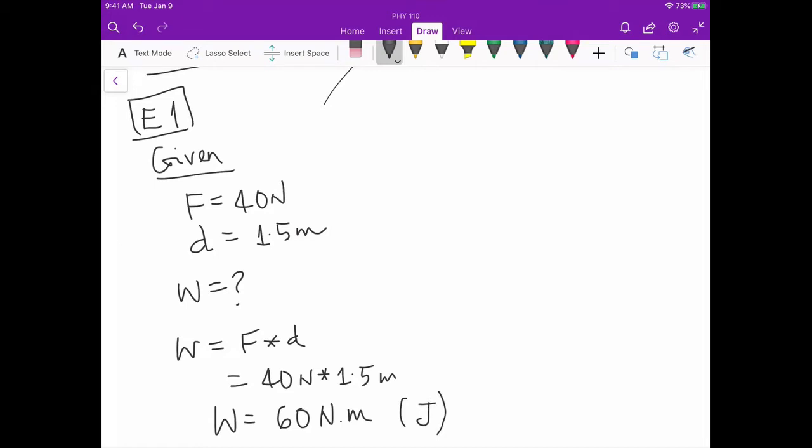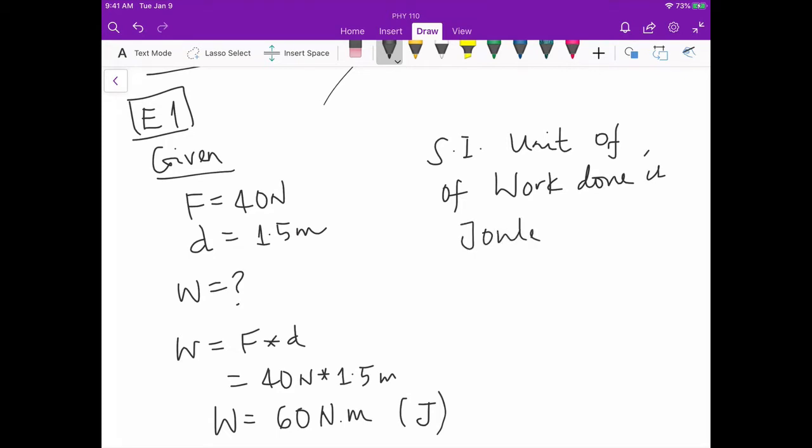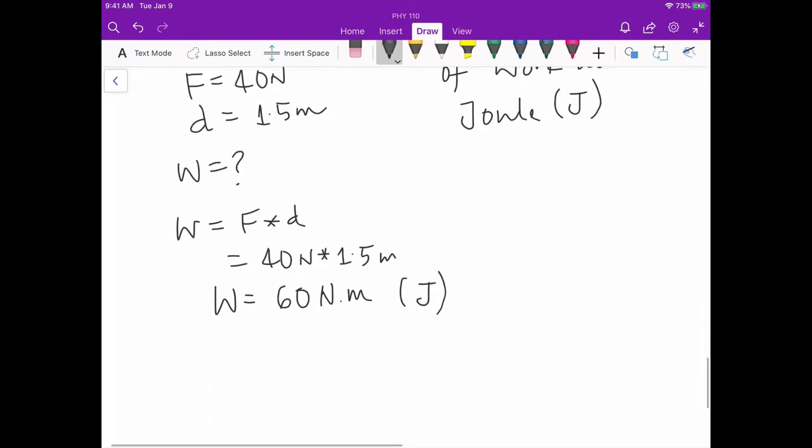Okay, so keep in mind the SI unit. In the lecture video you will see it. The SI unit of work done is joule, and it's abbreviated as uppercase J. Okay, so yeah, that's correct.